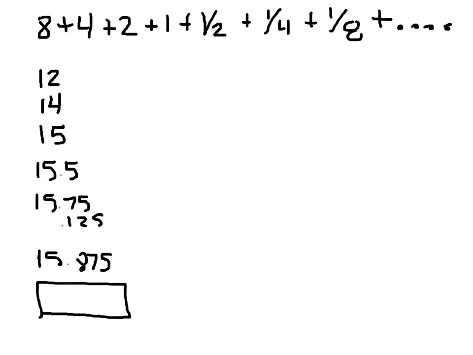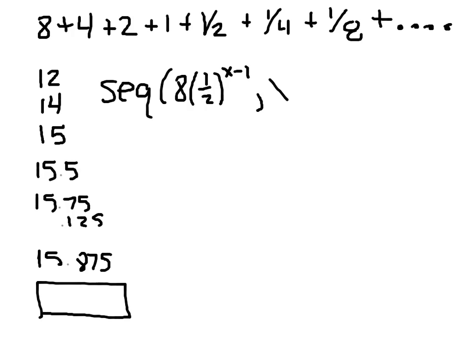And I'd like you to try this on your calculator by doing second stat. I'm going to take the sequence of 8 times 1/2 to the x minus 1 power. Put that in for x, and let's just say I do this 50 times.